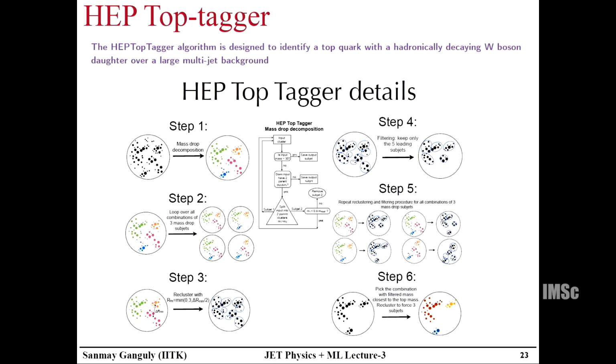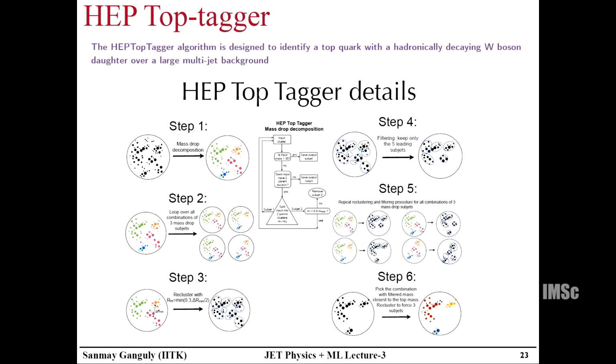I will go through a little detail of something which was and is very popular over the last 10 years, something called the HEP-top tagger, and it became one of the most popular for identifying large radius jets. The way it worked is that at the first step, given a large radius jet, you do a mass drop decomposition. So you throw away the soft particles, then you do some iteration. You keep clustering them and always try to form a 3 subjet combination.